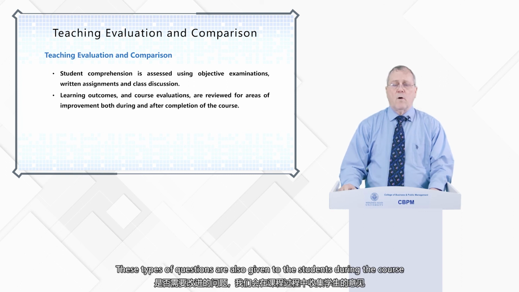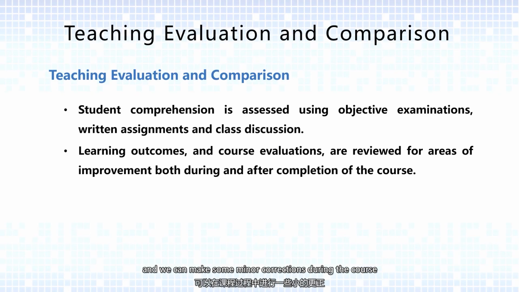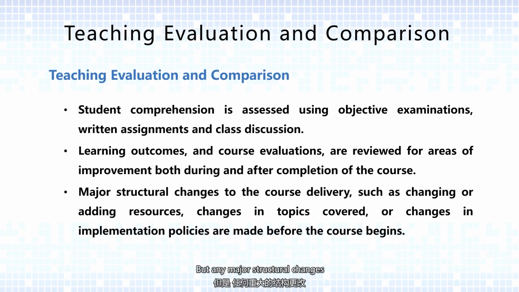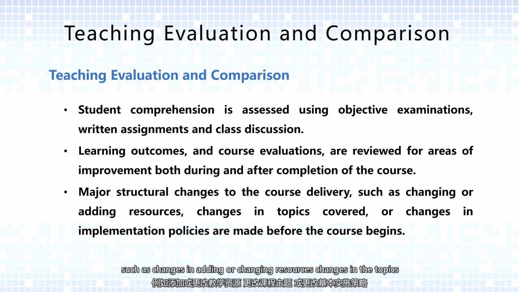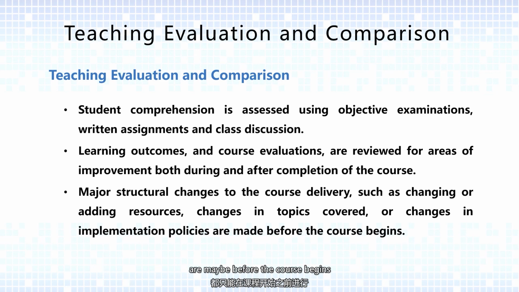These types of questions are also given to the students during the course, and we can make some minor corrections during the course, but any major structural changes, such as adding or changing resources, changes in the topics that are covered, or changes in some of the basic implementation policies, are made before the course begins.